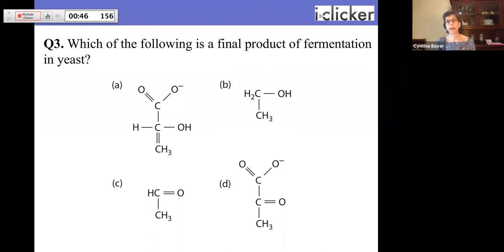Now, again, I'm not going to ask you to memorize any of these structures for our test, but since we've just described them and you have your notes, see if you can tell me which is the final product of fermentation in yeast.